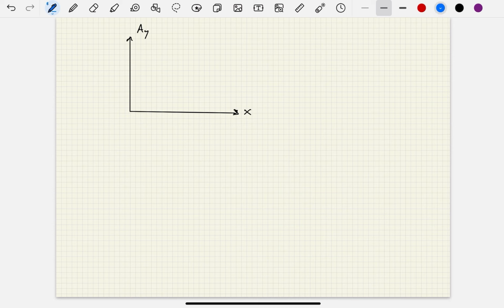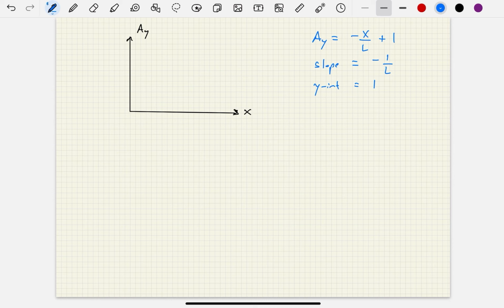And I'm going to go ahead and rewrite my function here. We said AY was negative X over L plus 1, okay? So the slope of this line is negative 1 over L, and the y-intercept is 1, okay? And of course, the independent variable is X, the dependent variable is AY, okay?